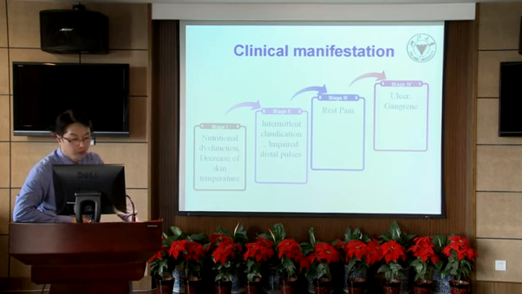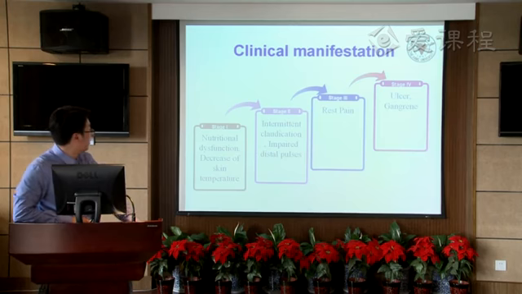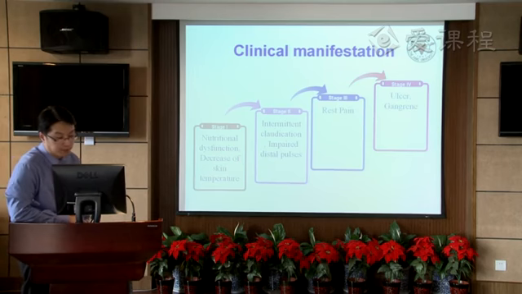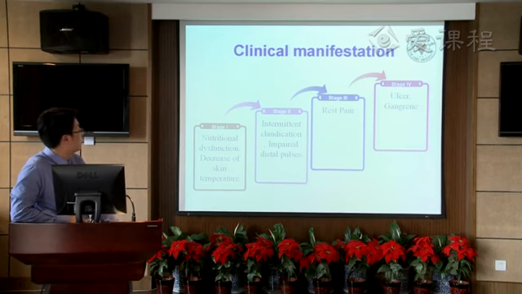Clinical manifestation. The first stage is numbness, then dysfunction, and decrease of skin temperature. In the second stage, the patient has intermittent claudication, and we can't feel the distal pulses.